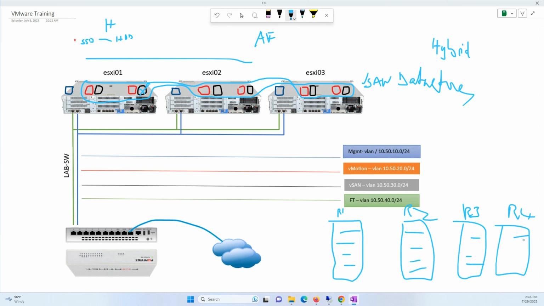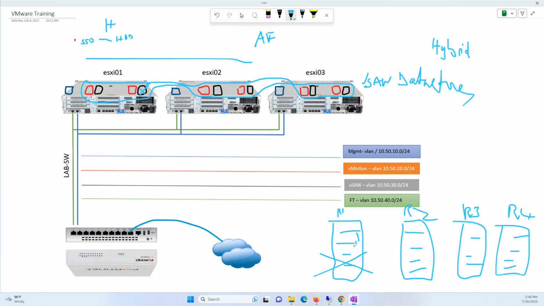So I can create what I call the fault domain. Fault domain means I want to survive a rack failure. That means by default if the first server has a problem, it will replicate to the second server in my first rack. But I can create a fault domain. Fault domain means if R1, my rack one, failed, the data is replicated in R2, in R3 again.